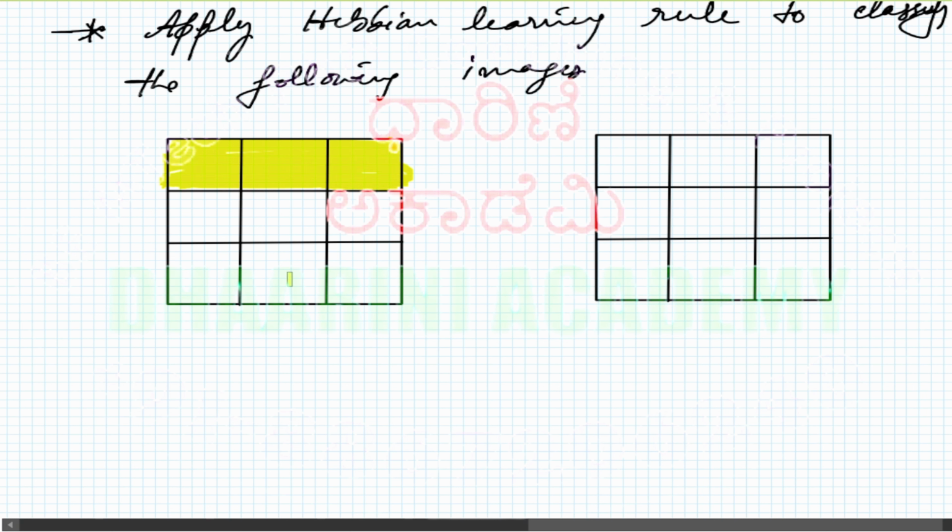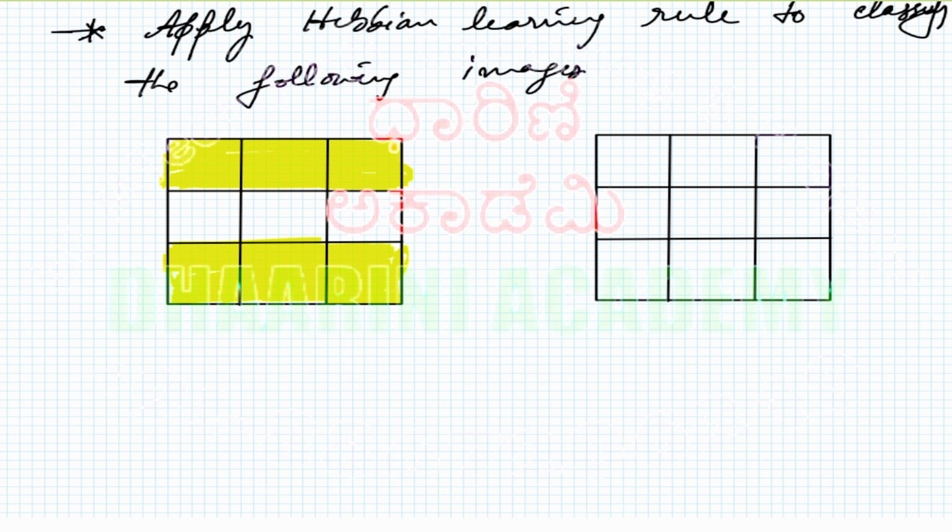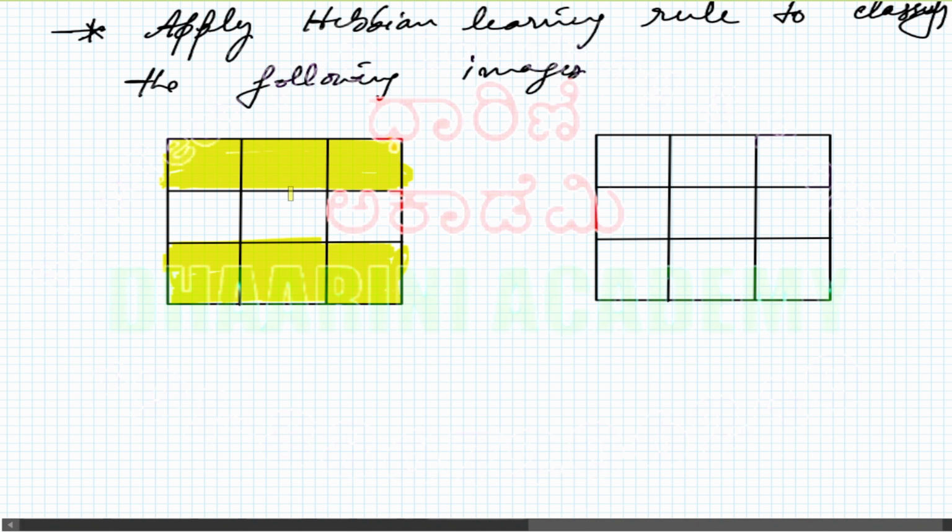The first image is colored in this fashion, so these cells are colored. This region is also colored. It's like an eye, you can see an eye over there.